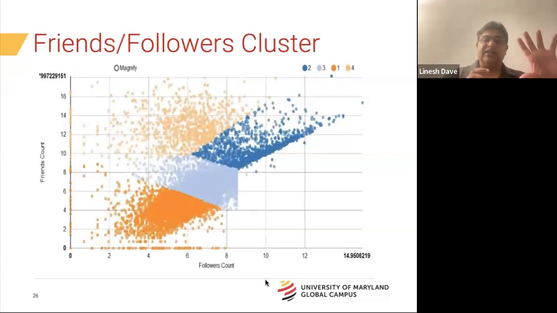And you can see that there are a lot. One of the biggest clusters, in blue, is the one with the highest number of followers and friends count. The axes are, by the way, the log of friends count and the log of followers count. That's why you may wonder why somebody's friends count is 14 and followers count is 10, why would they be so high?